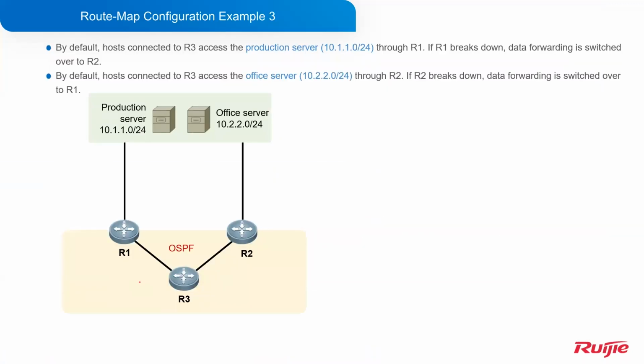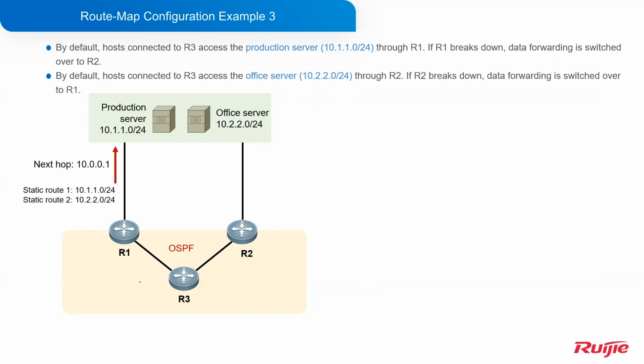Okay, and the next, by default, hosts connected to R3 access the production server through R1. If R1 breaks down, data forwarding is switched over to R2. By default, hosts connected to R3 access the office server through R2, and if R2 breaks down, switch to R1. So in this case, we can actually use the route map to control the exit, right?